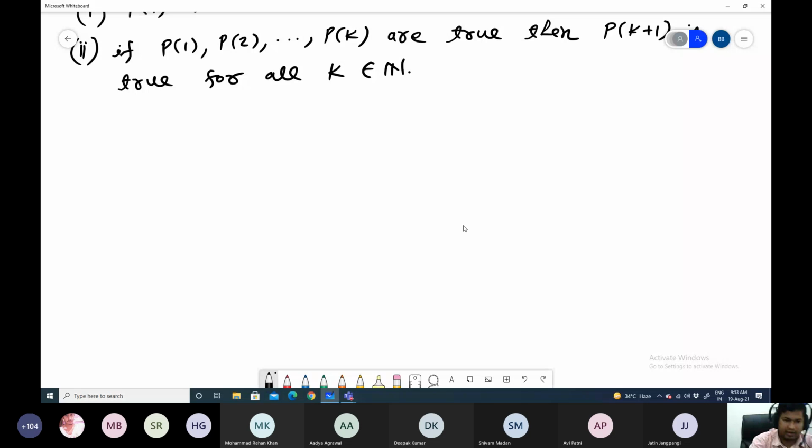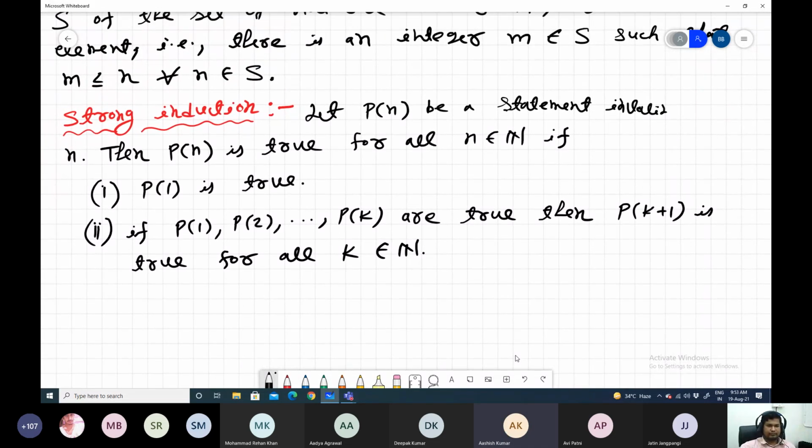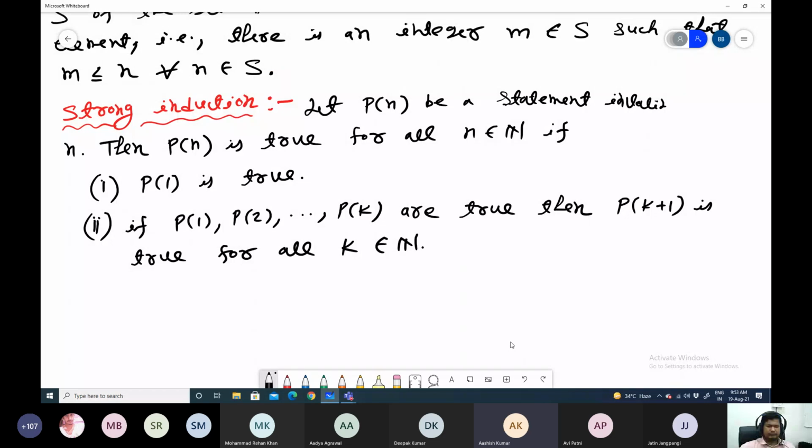Sir, if the domain contains, like what we talked about before in the induction part, some intervals, then it is not possible for us to prove for each and every point.